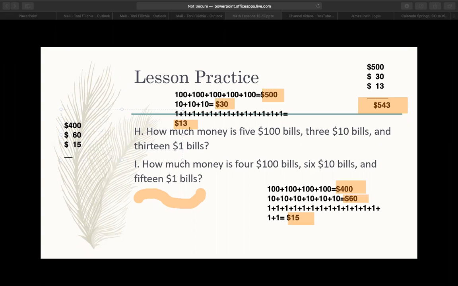What is 0 plus 0 plus 5? 5. Looking at our tens place, 0 plus 6 plus 1, 7. And finally, our hundreds place, we're just going to drop that 4 down because 4 plus 0 is 4. And our sum of 400 plus 60 plus 15 is $475. And we're going to make sure we always box and label our answer.